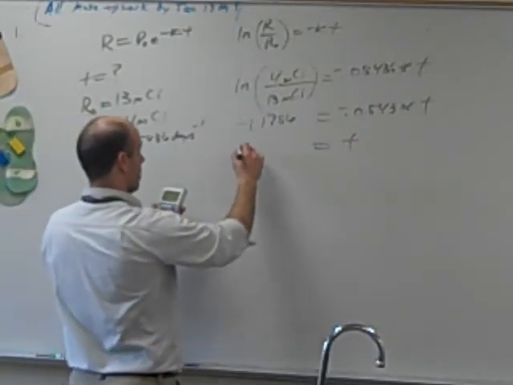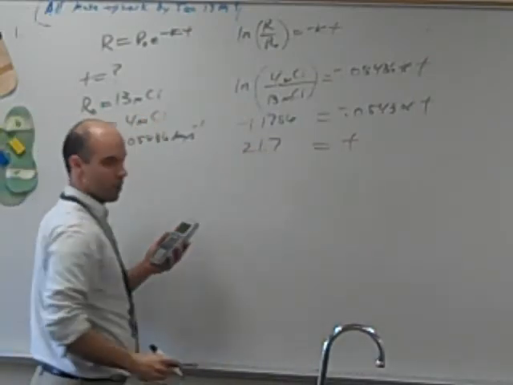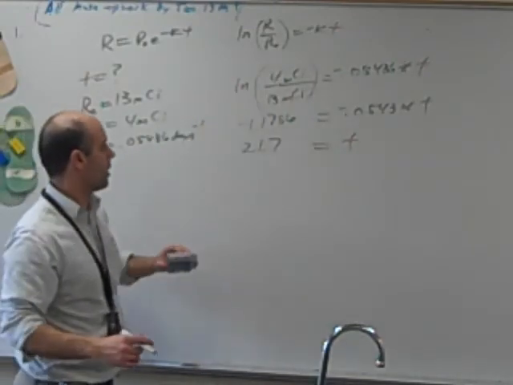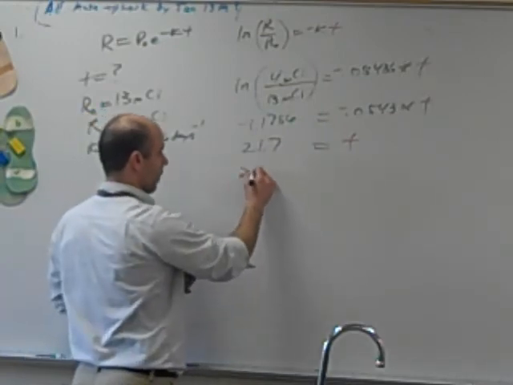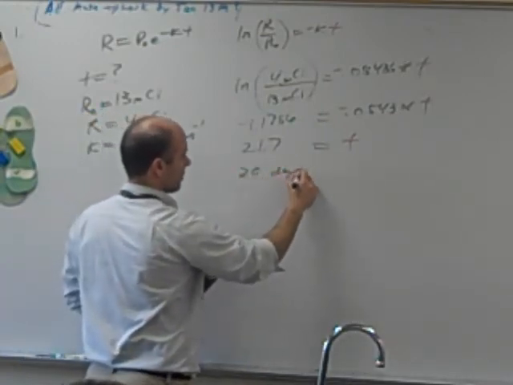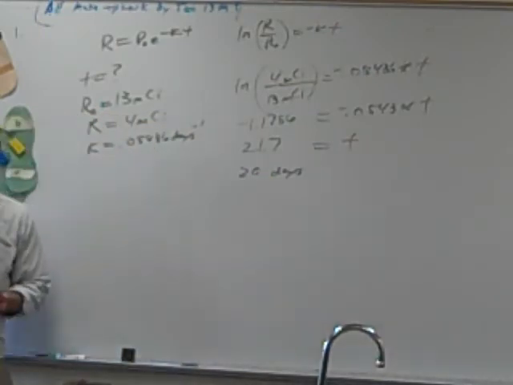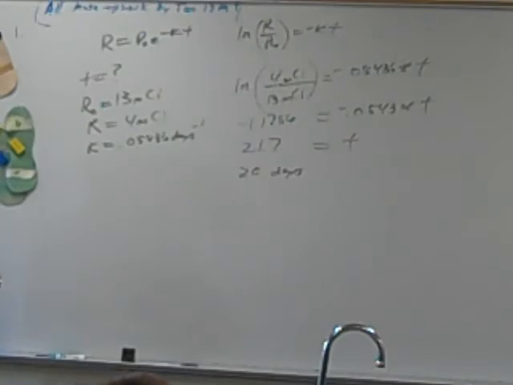I got 21.7. And I suppose I really should have one sig fig here, so I guess the answer should round to 20 days. They wouldn't inject you with that much radioactivity. Usually it's about 2 or 3 days till the radioactivity is gone. So any questions on number 1?